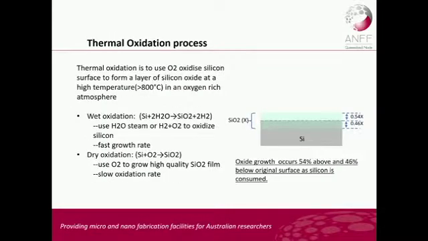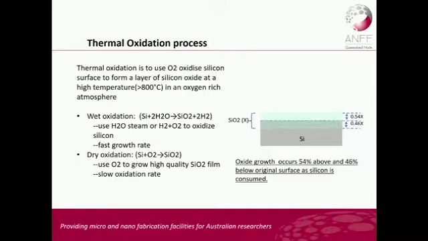So next, I will talk about the thermal oxidation process. This thermal oxidation is simple. You just use oxygen to oxidize the silicon surface to form a layer of silicon dioxide. The temperature usually is more than 800 degrees. There are two types of oxidation process. One is wet, one is dry.